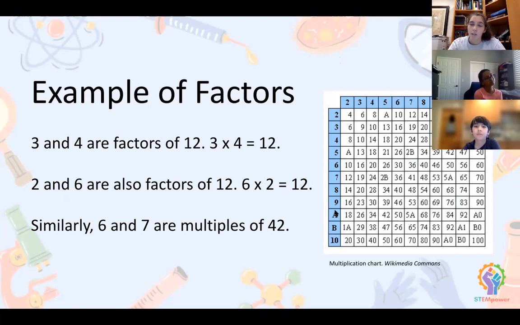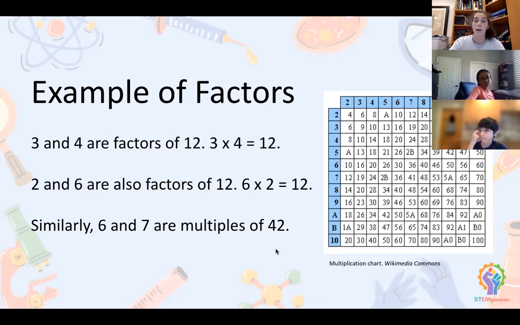There are also numbers that are just A and B, and you have to figure out what those numbers would be in this chart, by figuring out which numbers are multiplied to get the final answer. So for 12, for example, two factors of 12 are 3 and 4. So 3 times 4 is 12. 2 and 6 are also able to be multiplied together to get 12. And then 6 and 7 are able to be multiplied together to get 42.